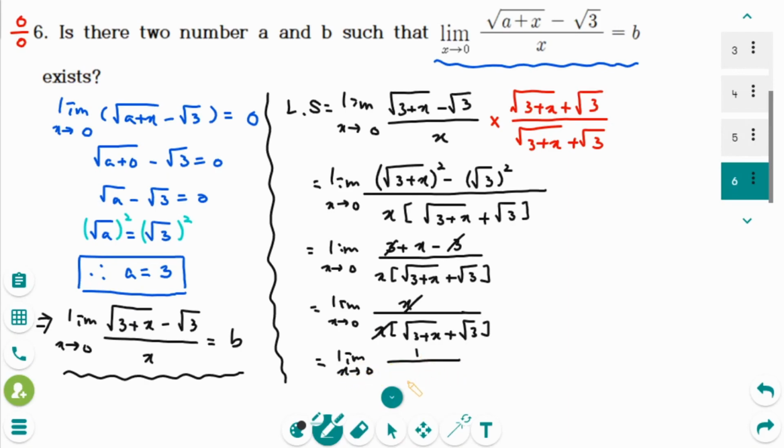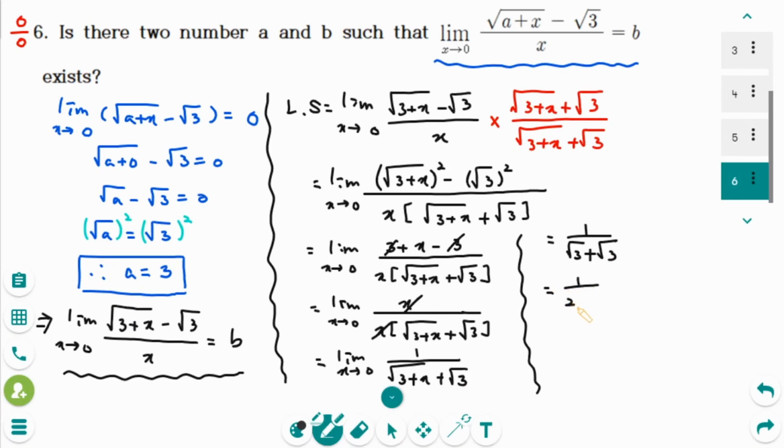And 1 over square root of 3 plus x plus the square root of 3. And then put 0 into x. So 1 over square root of 3 plus 0 is the same as square root of 3 plus another square root of 3.